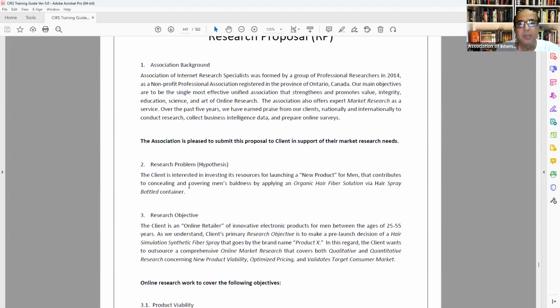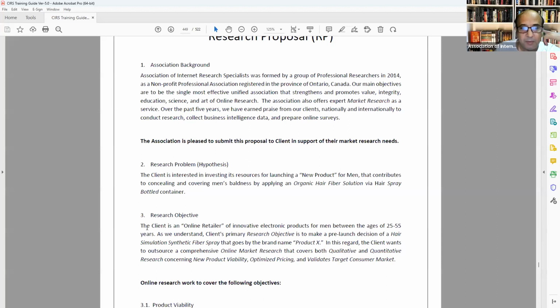And based on that, you came up with these notes here. It's a new product they're launching that contributes to concealing and covering men's baldness by applying an organic hair fiber solution via hair spray bottle container. Okay. So what is the client interested in investing in resources of launching a new product, a brand new product launch. So they're testing the market.